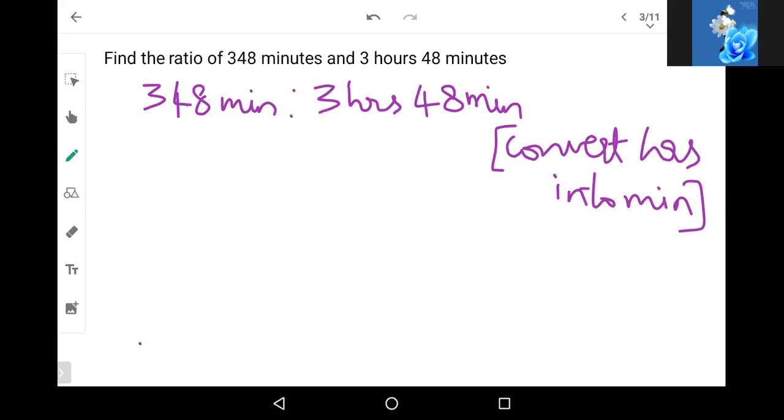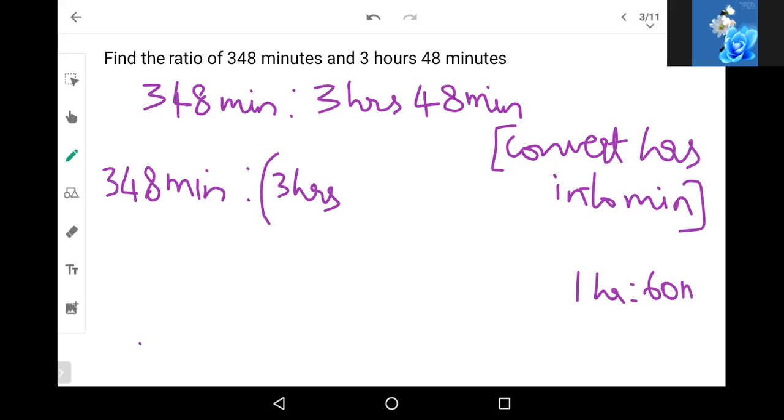We have 348 minutes on one side. On the other side, we have 3 hours. For 1 hour, if we have 60 minutes, for 3 hours, how many minutes will we have? 3 hours into 60 minutes, plus this 48 minutes will be kept as it is.